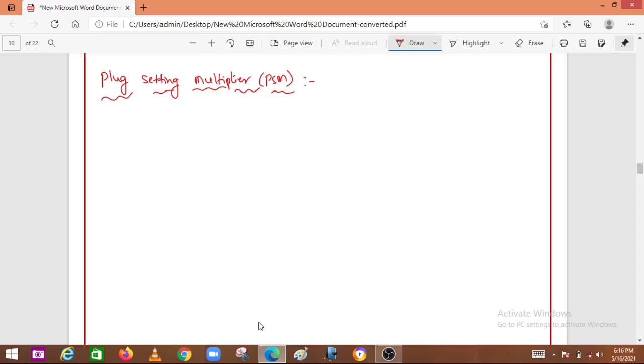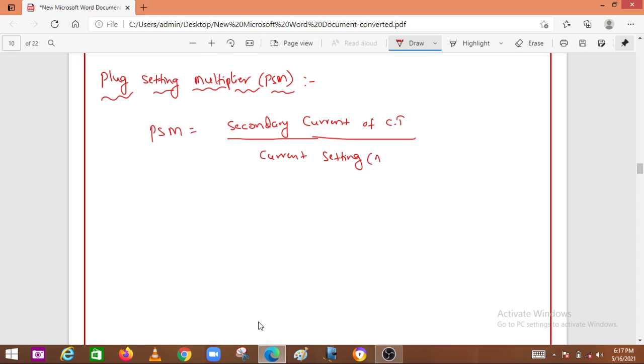This is called the plug setting multiplier. PSM is equal to the ratio of secondary current of CT. What is the meaning of secondary current of CT? Let us take 1000 by 5 ampere: 5 ampere is the secondary side CT current. Then divided by current setting, which we have just discussed, in amperes. So this is your plug setting multiplier.